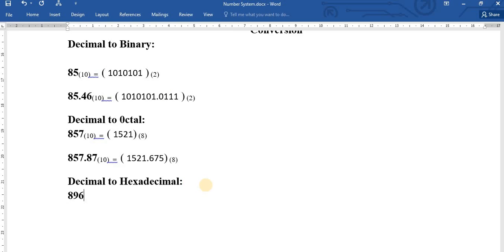I am copying this number. This is your decimal number. You have to convert it into hexadecimal. So the process is the same.